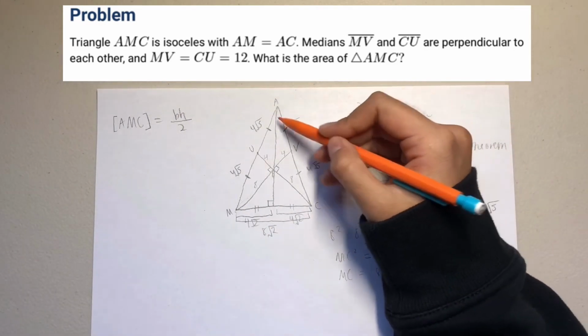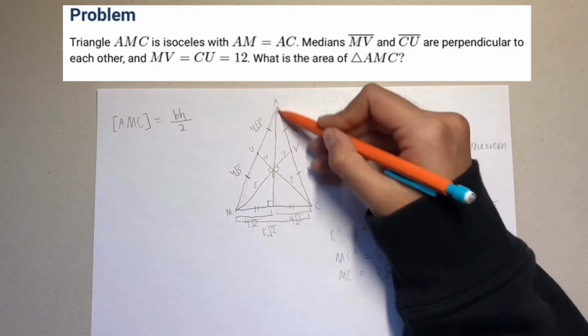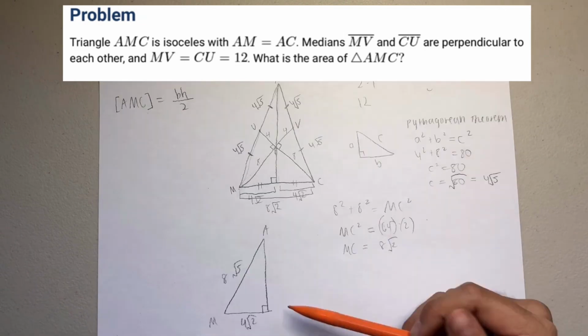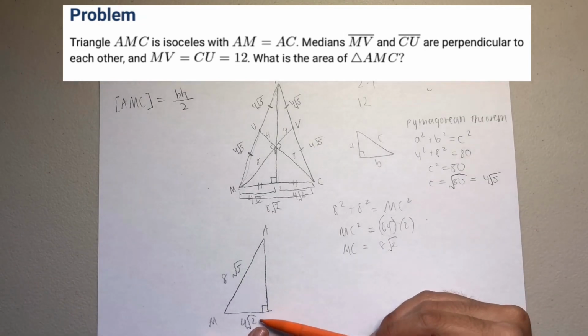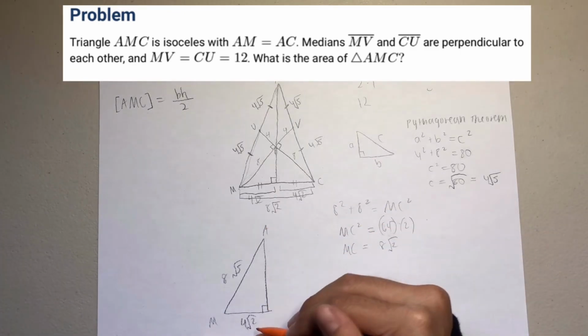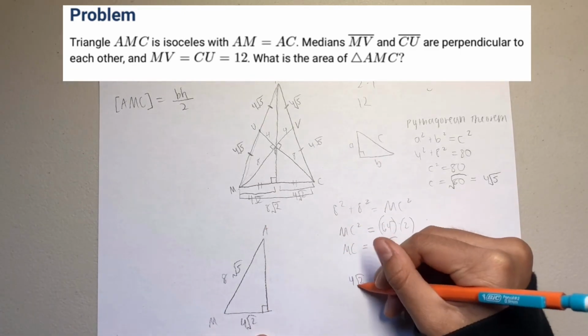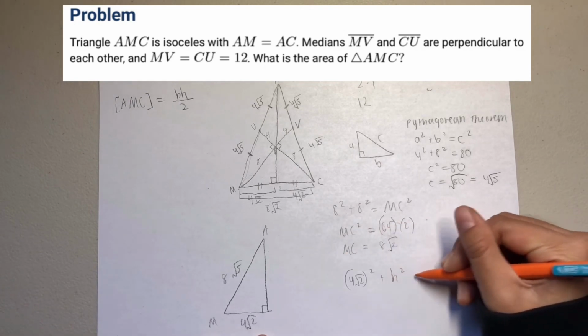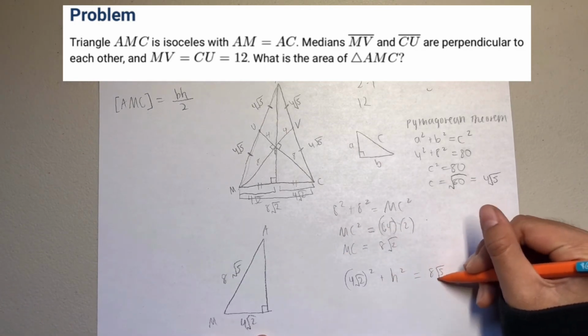And so if we redraw this triangle right here, we can use the Pythagorean theorem again to find the height. So 4 square root 2 squared plus the height squared is equal to 8 square root 5 squared.